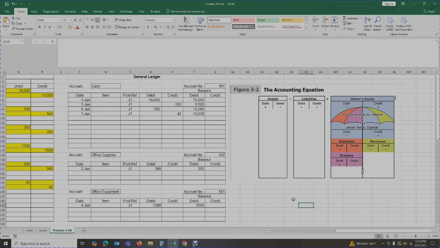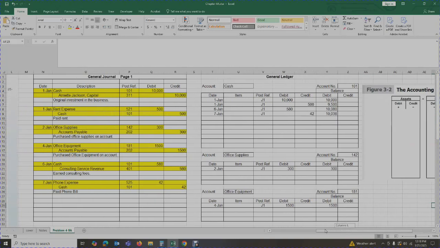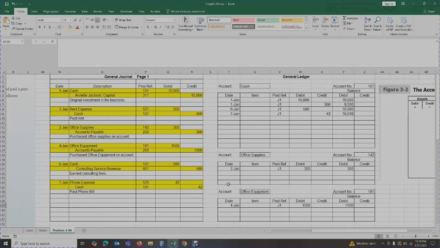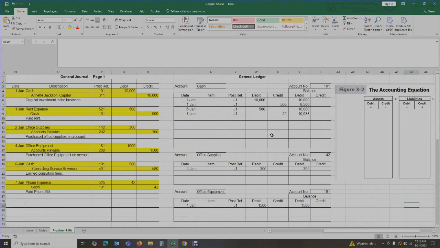Once we are done posting all of our transactions into journal pages 1, 2, and 3, we begin the transferring process to the ledgers. Every account has its own ledger. Please work in an organized manner. I recommend you print it out once you have your entries done. That way you're marking them off and you don't forget anything. They have to be in date order.